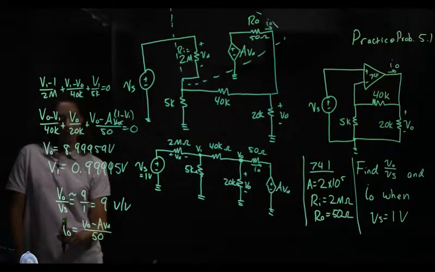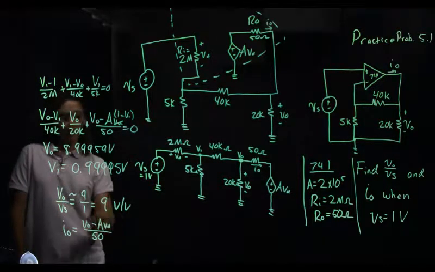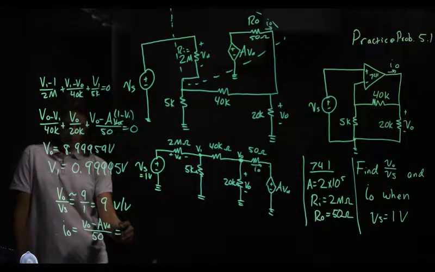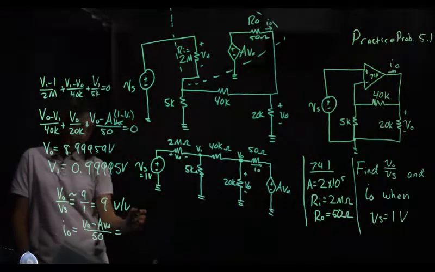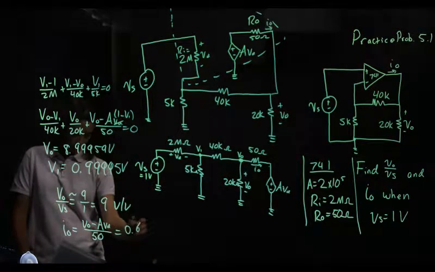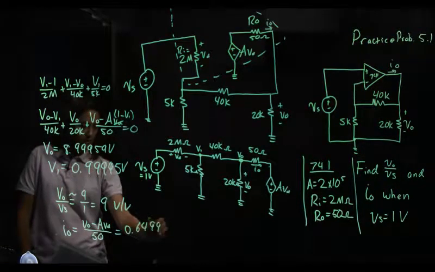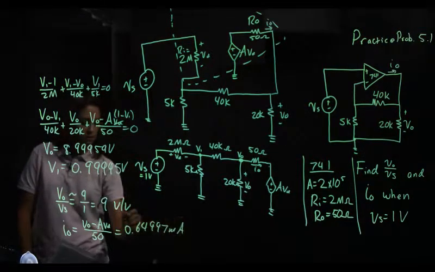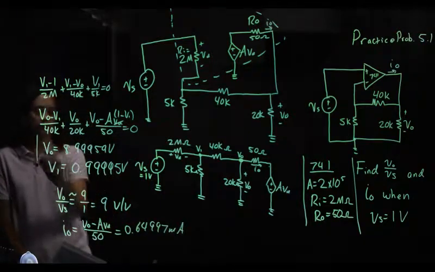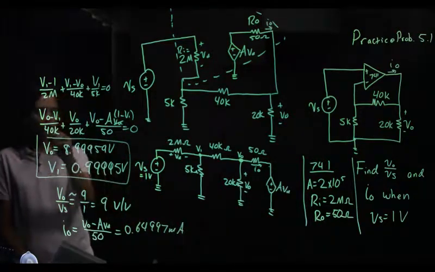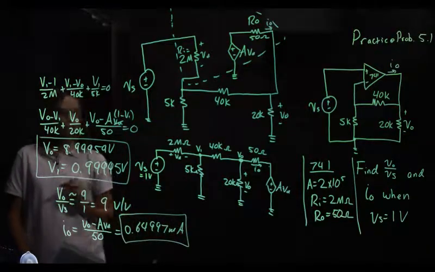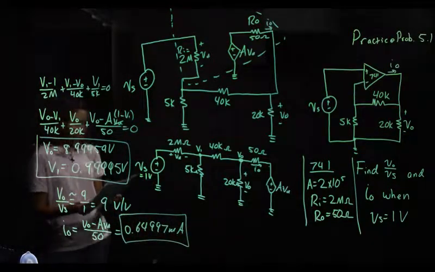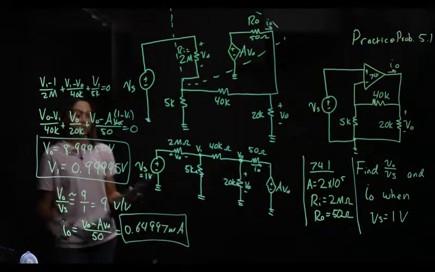That's just Ohm's law, I equals V over R. And I have all of this now. So I can do that, and I get 0.64997 milliamps. Again, I've written it out like that for a reason that will appear in the next video. So take note of those numbers, and we're going to find an easier way to do these problems.